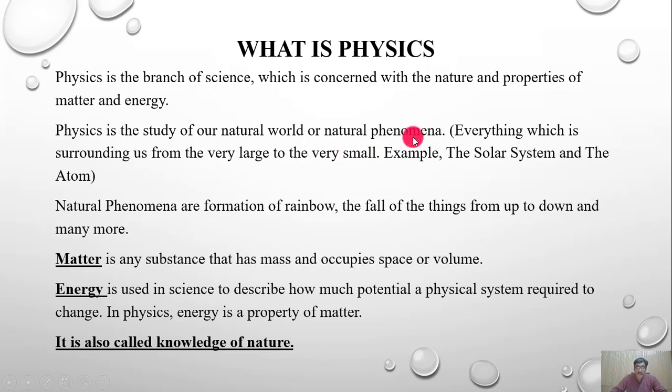Natural phenomena include the formation of a rainbow. Sometimes when we see that a rainbow is formed, how that rainbow is formed, when we talk about that, we are basically studying physics. Falling of things from top to bottom, and many more such examples, represent that we are studying physics.